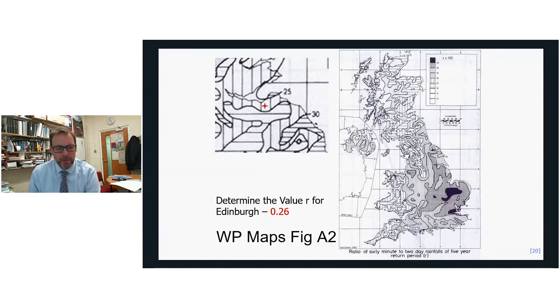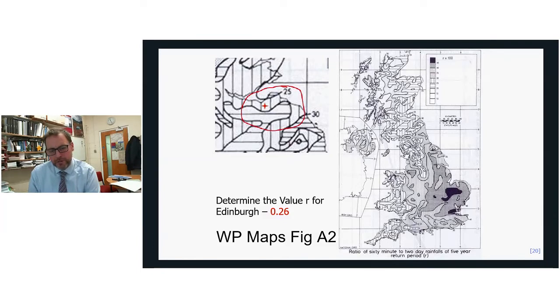We then determine the R value for Edinburgh, so that's the ratio of the 60-minute and 2-day rainfall events for a 5-year return period. And again, we zoom in for Edinburgh and we get a value of 0.26.